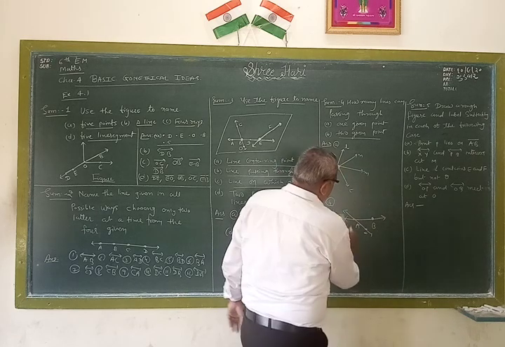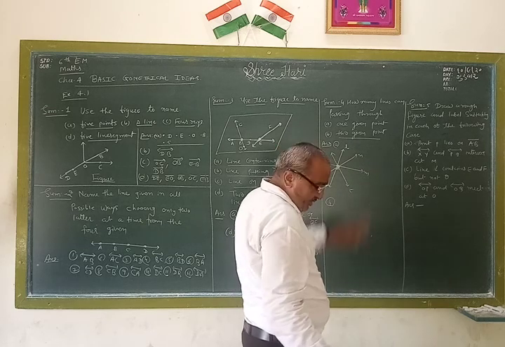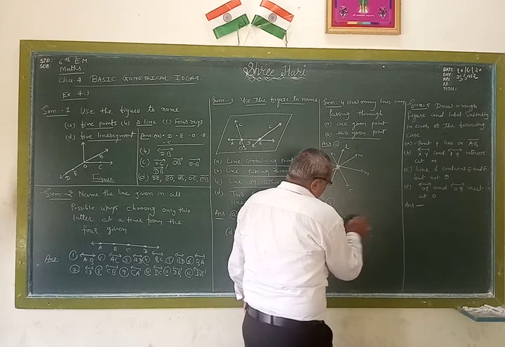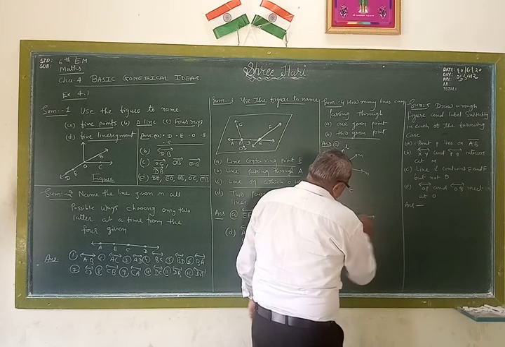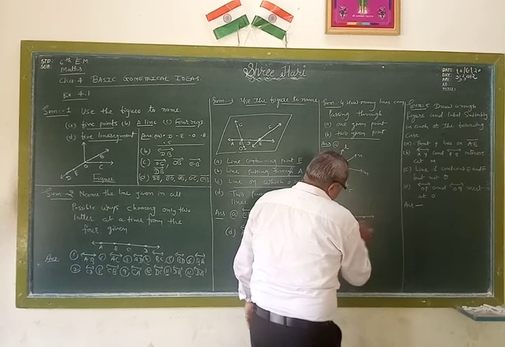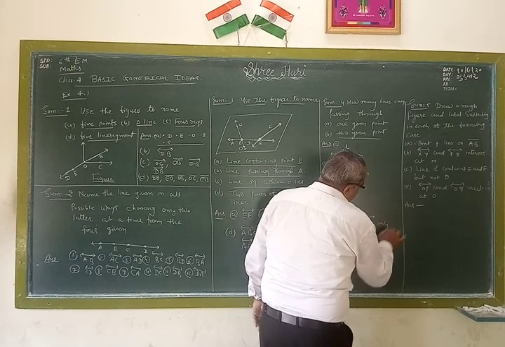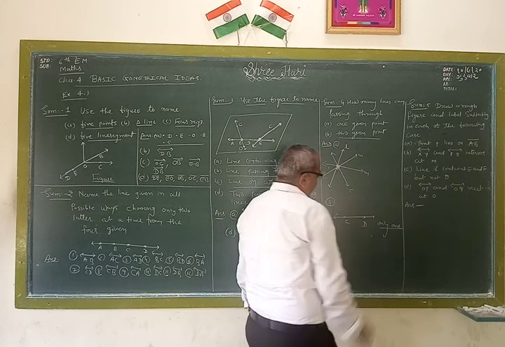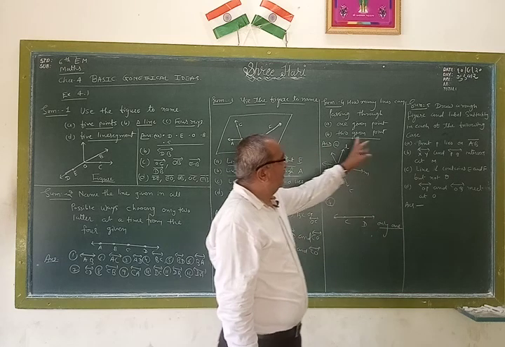So friends, in two given points, only one line can pass through two given points.